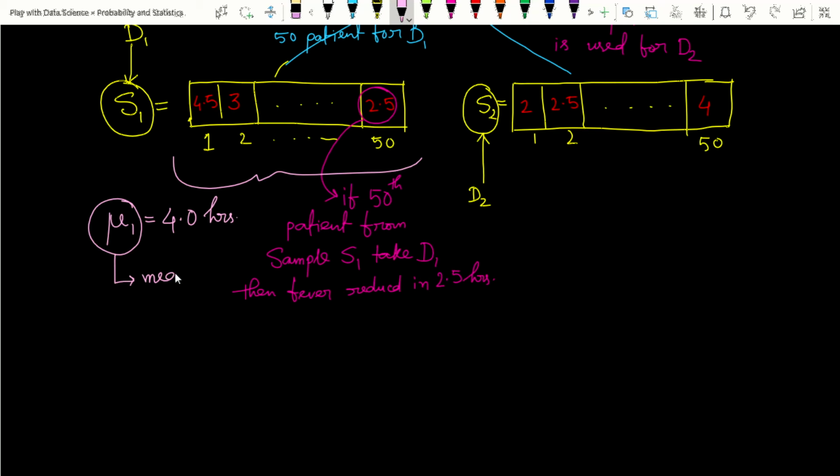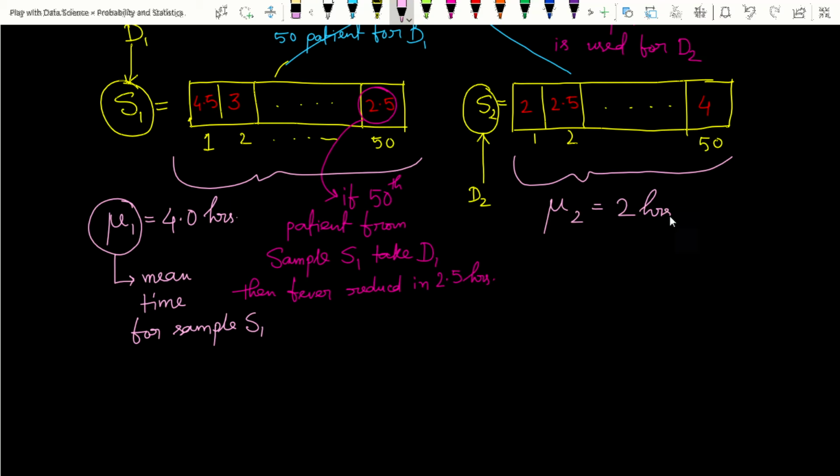Similarly, here we will calculate the mean, mu2, which is 2 hours. This is the simple mean time for sample S2.